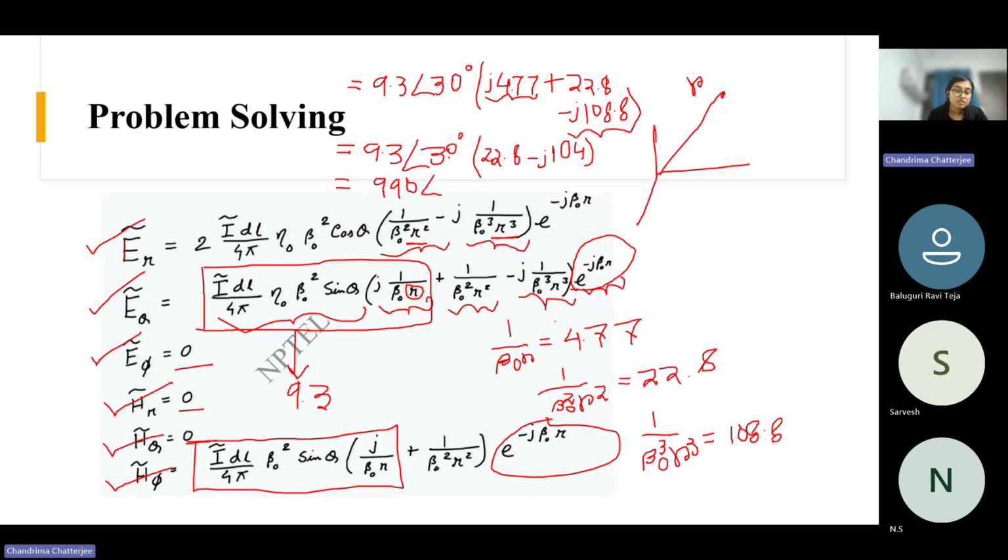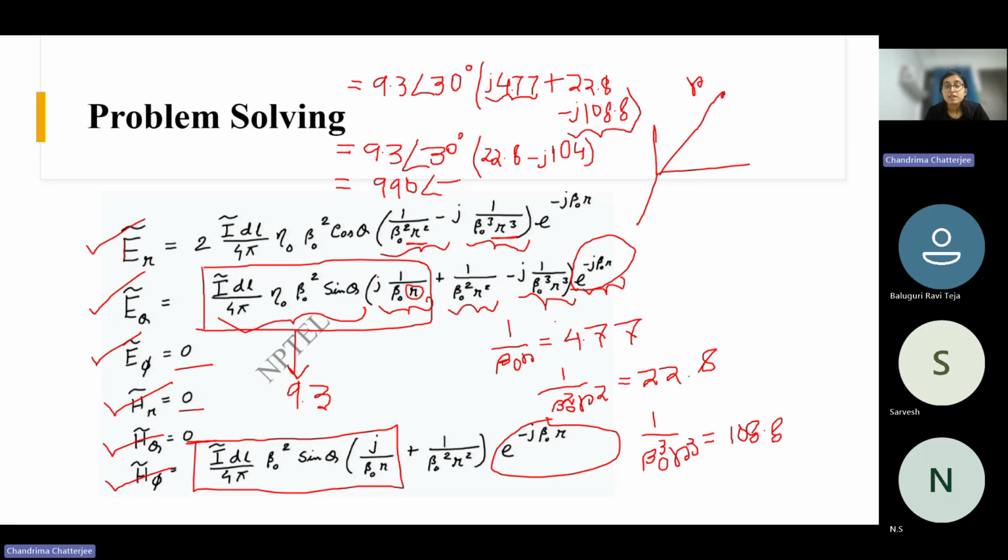Tan inverse of minus 104 divided by 22.8. This is minus 77.63 inside and we have plus 30. So minus 47.63.